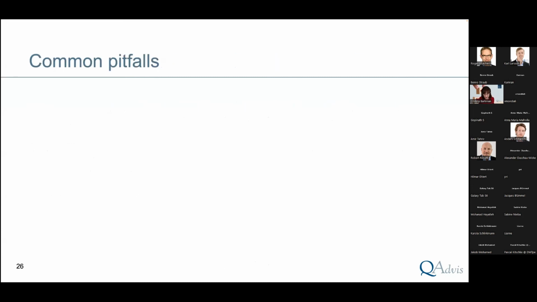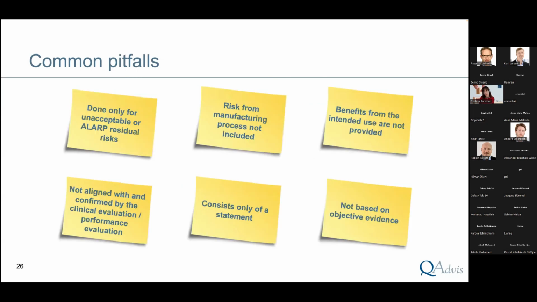I have two more pictures. Common pitfalls. What I've seen in my experience with contact with both customers and notified bodies is that one common mistake is that a benefit risk analysis is only done for unacceptable or so-called ALARP residual risks. And this is no longer acceptable.